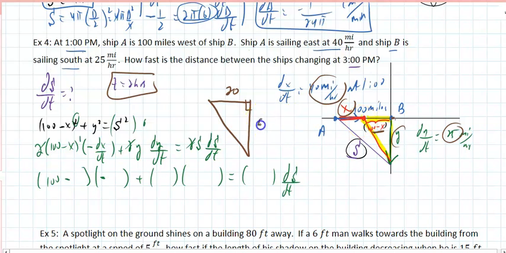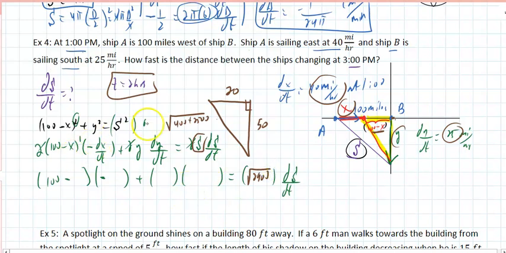In 2 hours, that's 50. Right? So this right here would be the square root of 400 plus 2500. So that would be the square root of 2900. What is that? That's s. S is the square root of 2900.